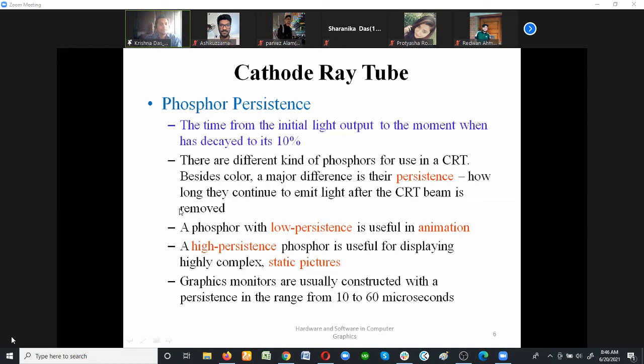Yes, sir. Jyoti, about phosphor persistence, what is that? Just consider it a viva question. How do you define phosphor persistence in your way? You tried to explain yesterday by drawing something, right? Yes, sir. What is persistence for phosphor?